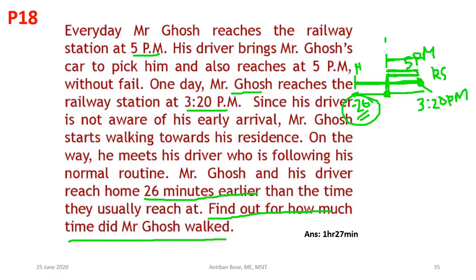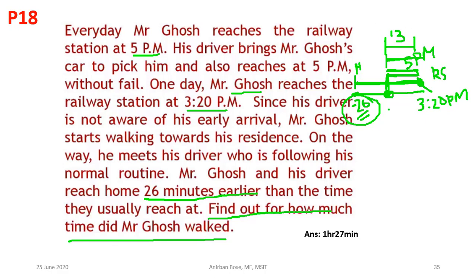So the time required for the car to go from this meeting point to the railway station is 13 minutes, and the usual time of the car to reach here is 5 p.m. So what is the usual time of the car at this meeting position? That is 5 p.m. minus 13 minutes.